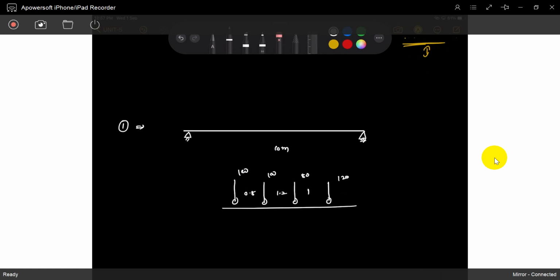Find out the absolute bending moment on a span, not a section, on a span.